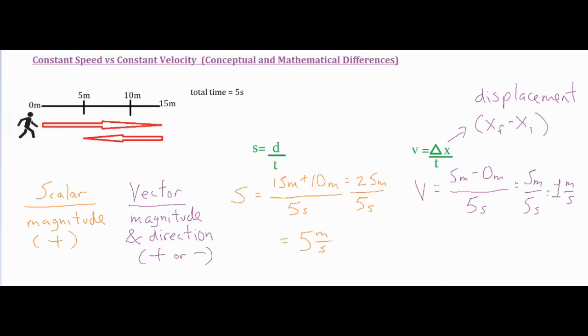We've got our constant velocity of 1 meter per second, which is basically our average velocity for the total of the 5 seconds.